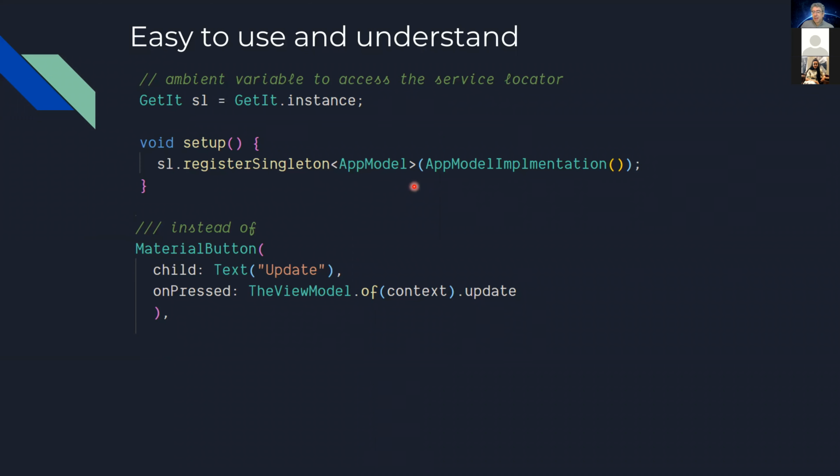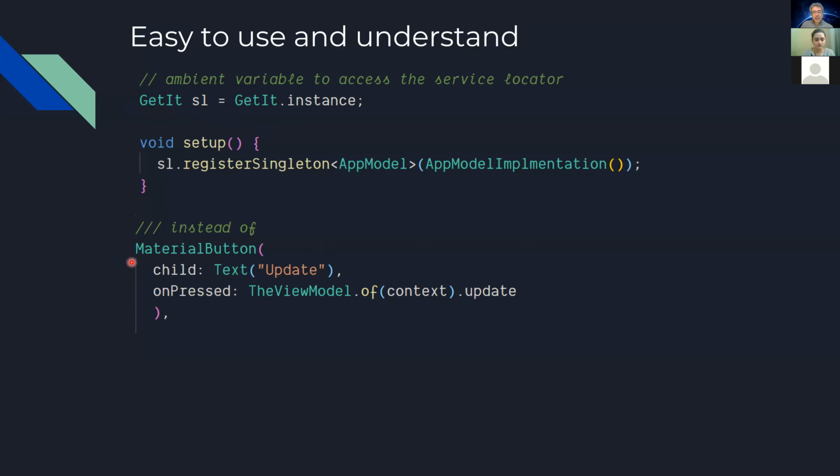When registering it, I pass in a concrete implementation of this type. We will see the benefit of this a little bit later. I just assigned the get_it instance to a global variable. get_it itself is a singleton, so you can always access it over the instance parameter. I assigned it to a global variable, which in most cases is the easiest way to handle it.